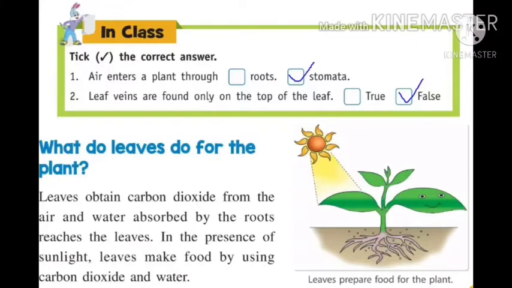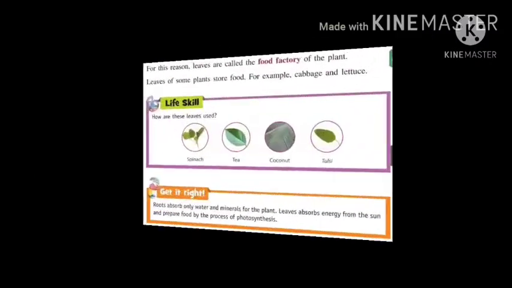But how do they prepare the food? They use the water absorbed by the roots, and they take carbon dioxide through the stomata, and in the presence of sunlight they prepare their food. So we can say the leaves are the kitchen of the plant or the food factory of the plant.